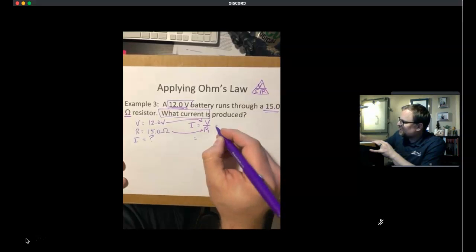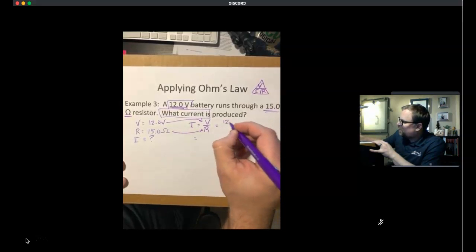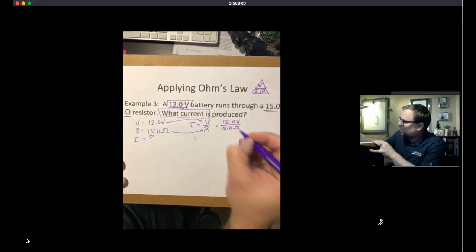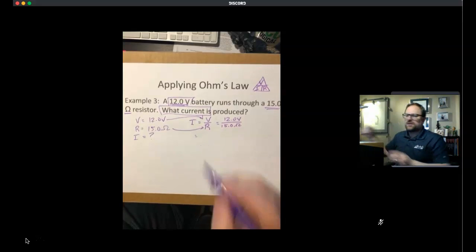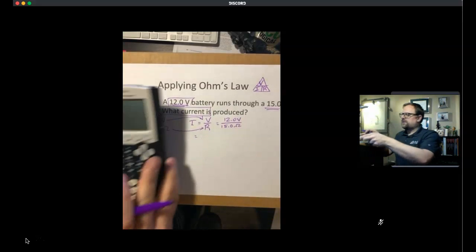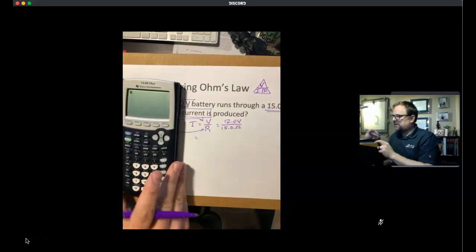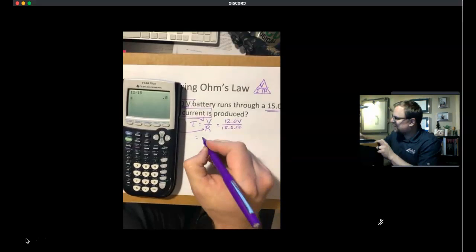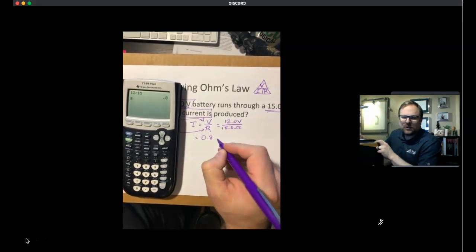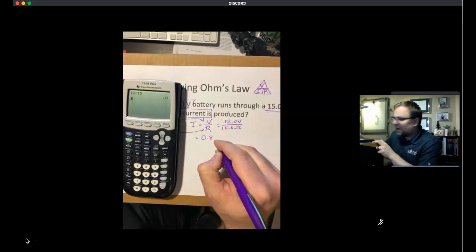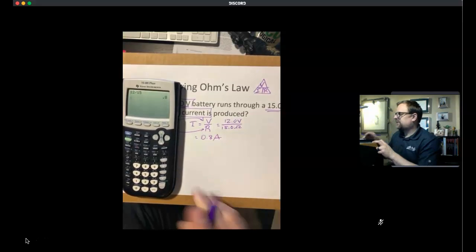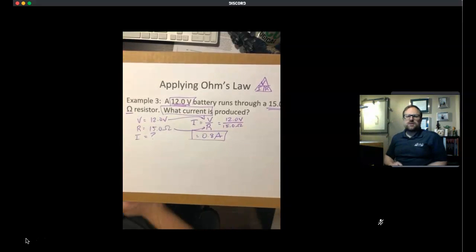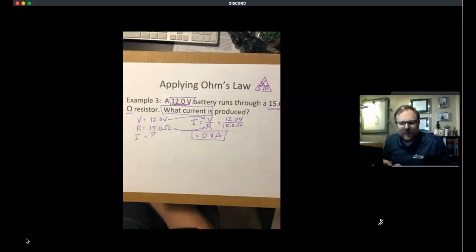So it's going to be 12.0 volts over 15.0 ohms. And then that is going to give us our answer for current. 12 divided by 15 gives us an answer of 0.8. And our units of measurement for current are, that's right, amps. So 0.8 amps, put a box around it because that's the way we like to do it.